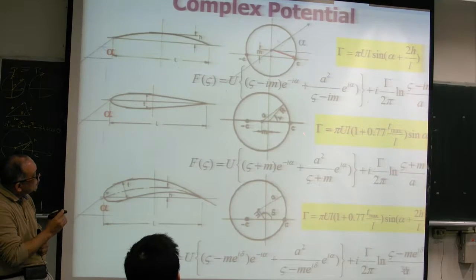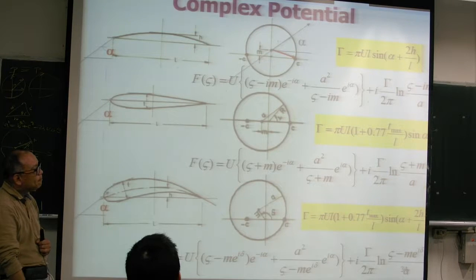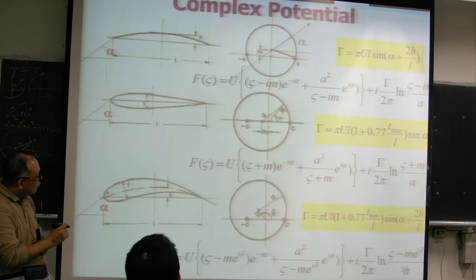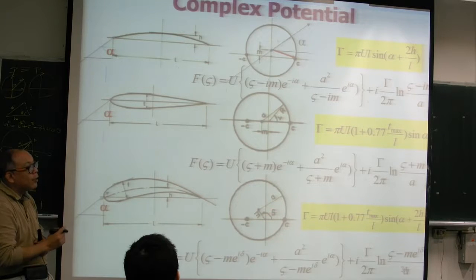So this is the complete potential, which looks like this. Finally, our location will be moved to here, right? With m, and the distance from here to here is m. However, this location is m e to the i delta, right?